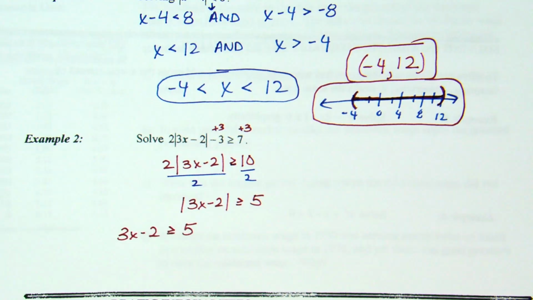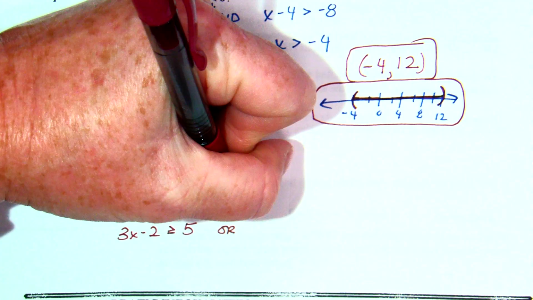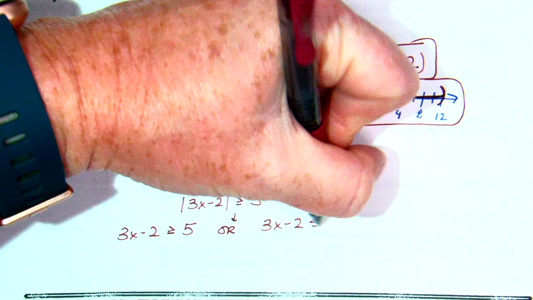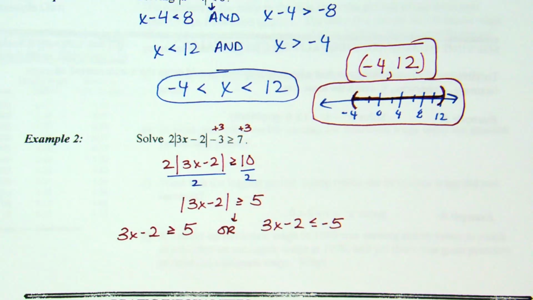What's my word? Or, because it's greater than or equal to, greater than. What's my second one? 3x minus 2 less than or equal to negative 5.